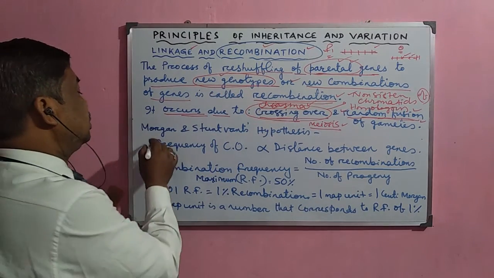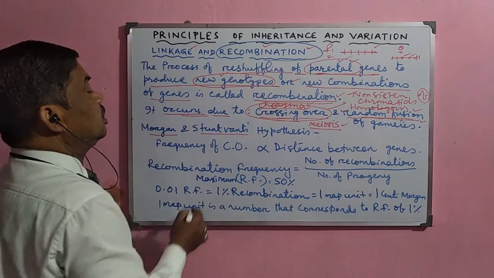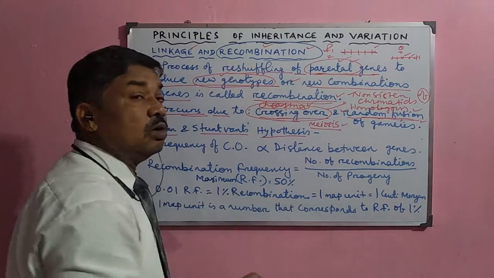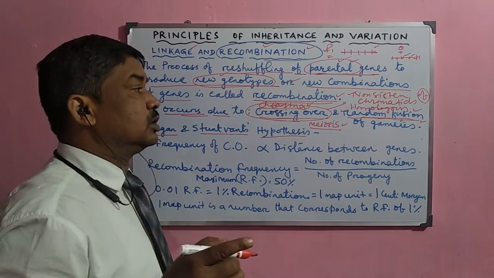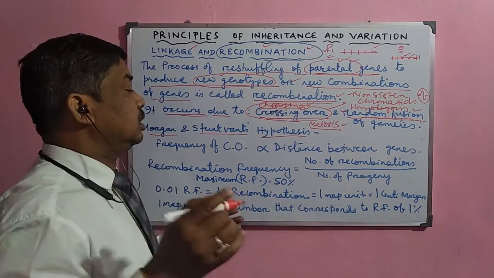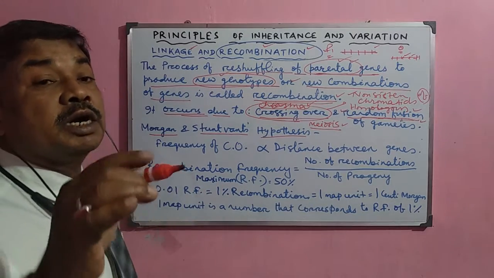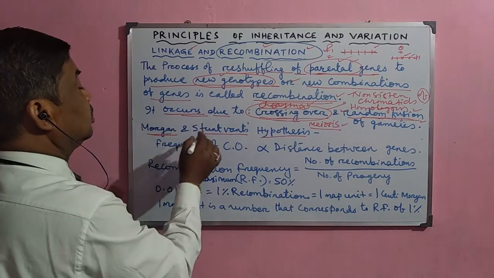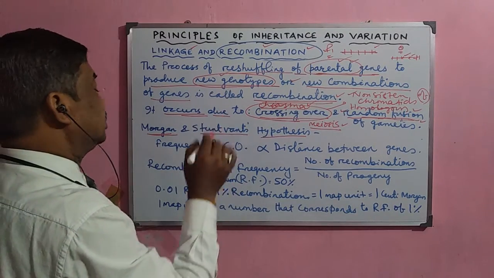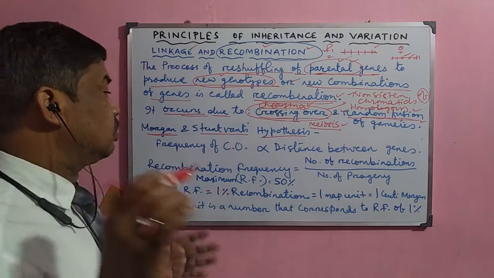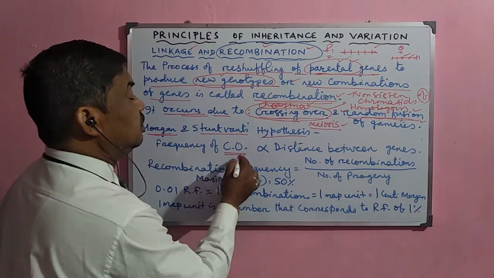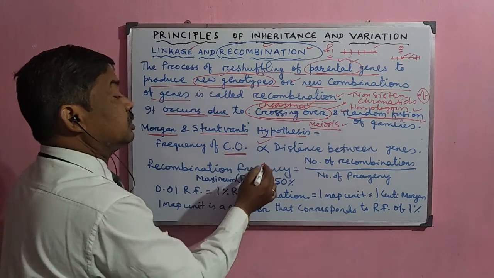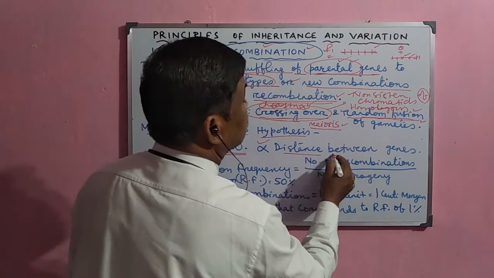Now, according to Morgan and Sturtevant, they observed how the number of recombinations occurs, and how it can be predicted or calculated. According to Morgan's and Sturtevant's hypothesis, the frequency of crossing over, or frequency of recombination of the genes, is directly proportional to the distance between the genes.